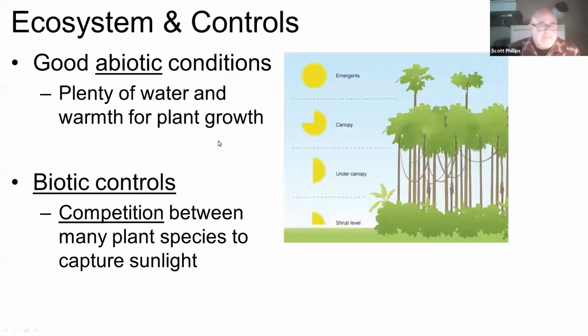And one thing we talked about, abiotic versus biotic, is that rainforests have excellent abiotic conditions, that there's plenty of warmth and water, that's not a limiting factor. But what becomes a limiting factor is what's called biologic control. So if you think about sunlight, there's so much competition for sunlight in a tropical rainforest that the emergents will get 100% of the sunlight.